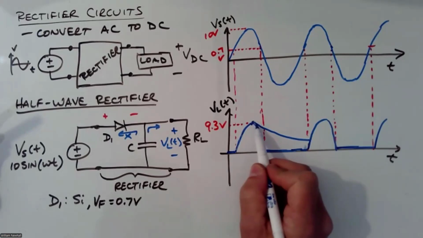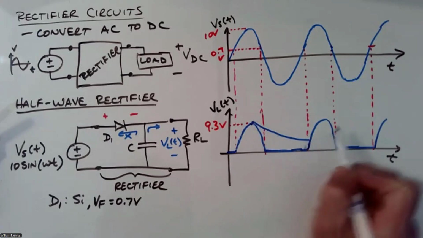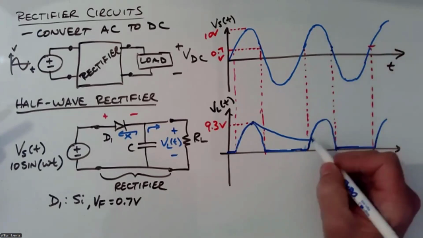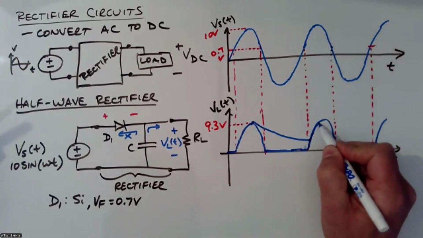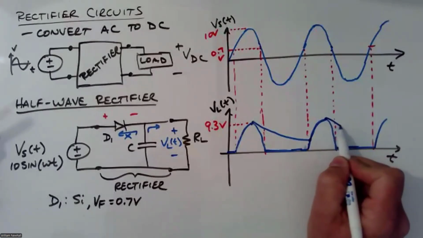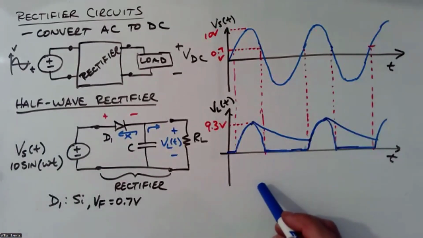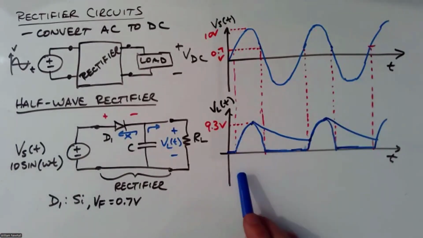So you get this exponential decay. You hit another charging cycle of that capacitor when the voltage at the source increases, right? So it comes up, and then you get this repeatedly. Well, that doesn't look very DC either. It looks like a repeating sort of sinusoidal rise and exponential fall here.